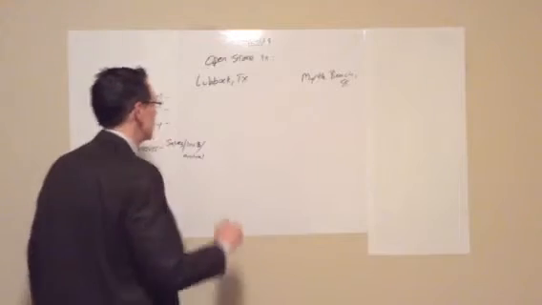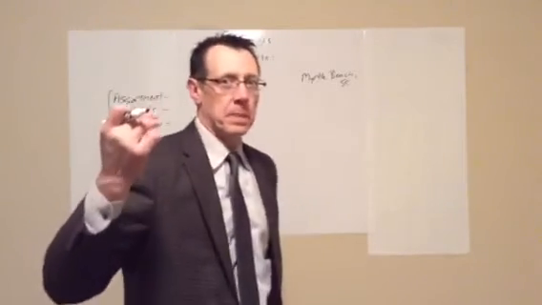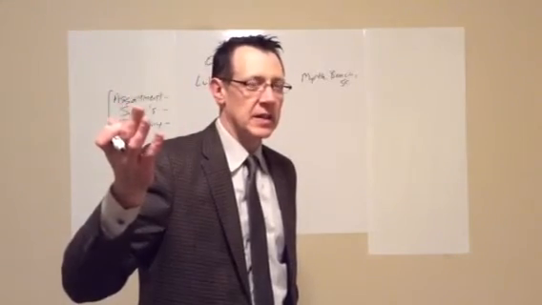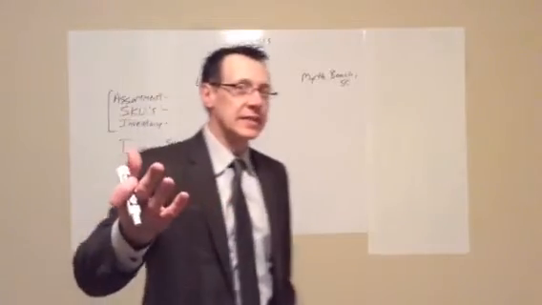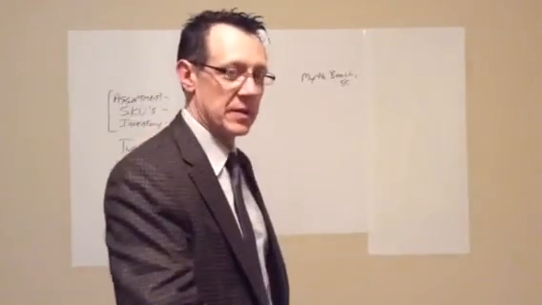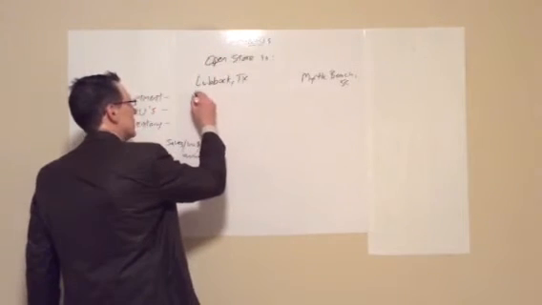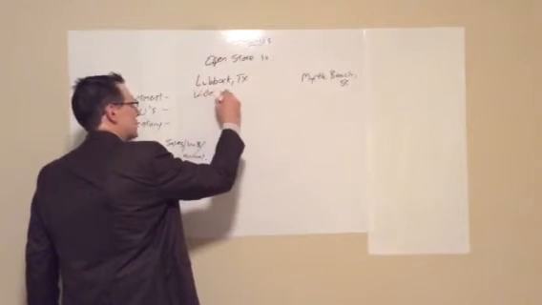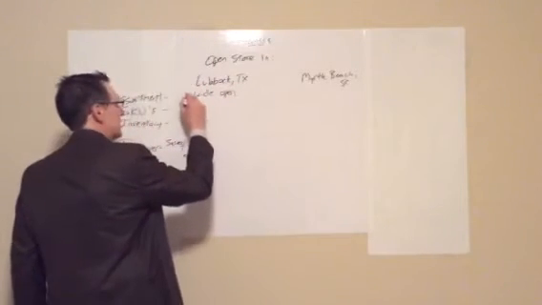So we'll just do this really quickly. If you're going to open in Lubbock, what's the consideration in Lubbock? I'll give you a minute. It's in Texas. Yes, you're correct. If it's in Texas and it's in West Texas, Lubbock is out by Amarillo, you have wide open spaces. It's like a Dixie Chicks song, right? You have wide open spaces.